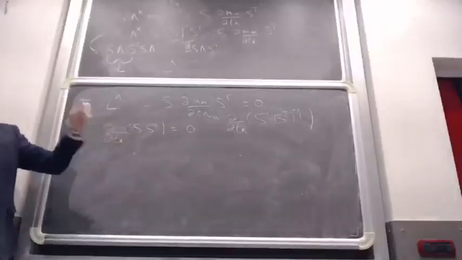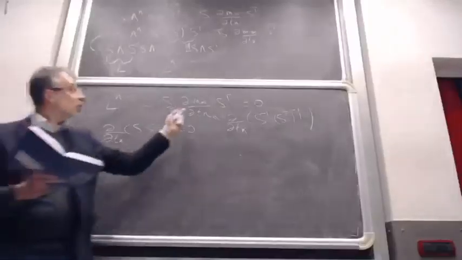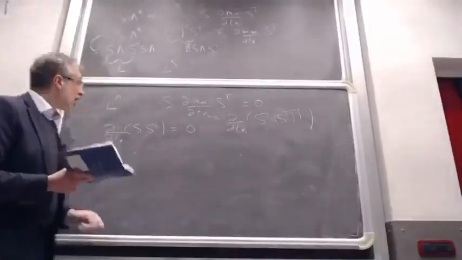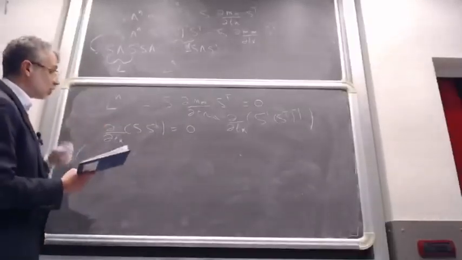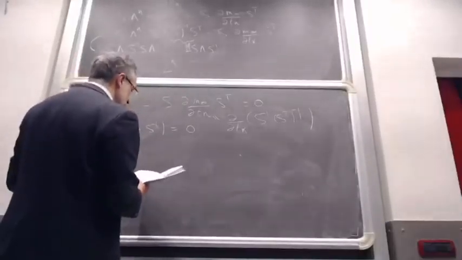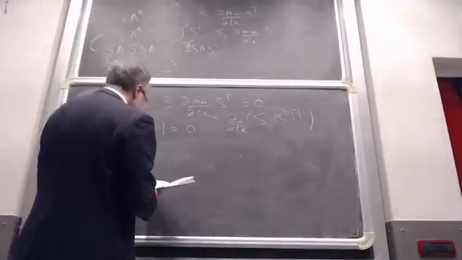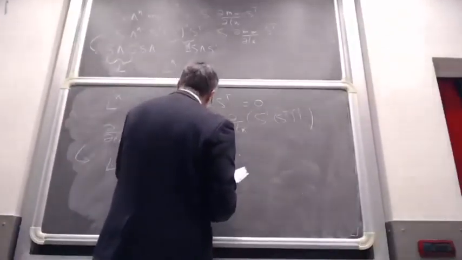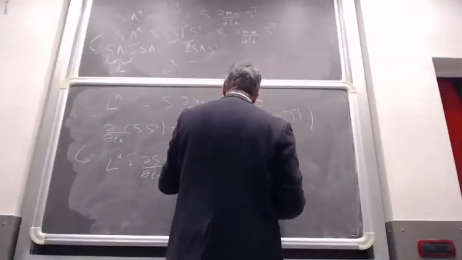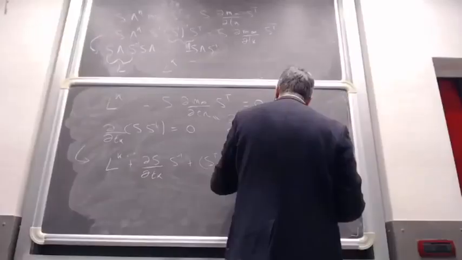So this allows us to reverse the order of S and S to the minus 1 when we expand this derivative here. And if you allow me to skip the intermediate result, I just write the equation we get as a result. So L to the power k plus the derivative of S with respect to tk, S to the minus 1, plus S transpose to the minus 1, the derivative of S transpose by tk equal to 0.